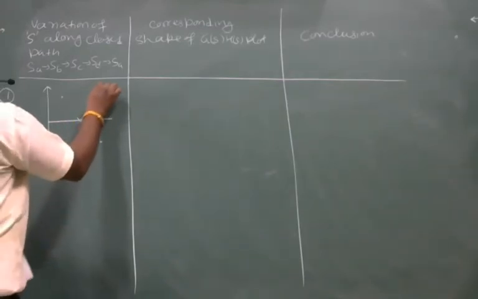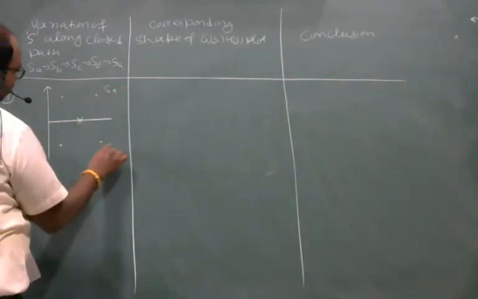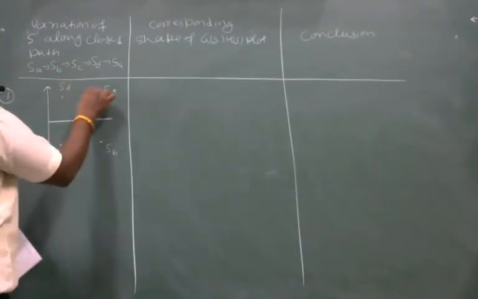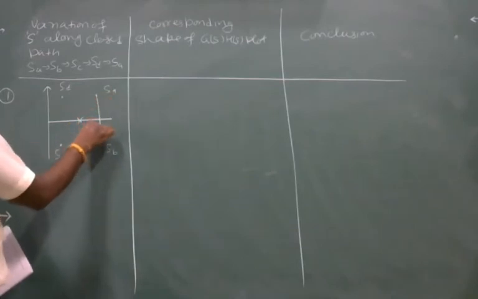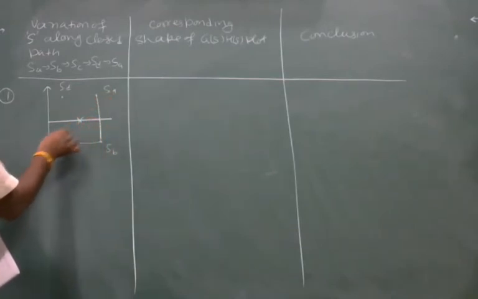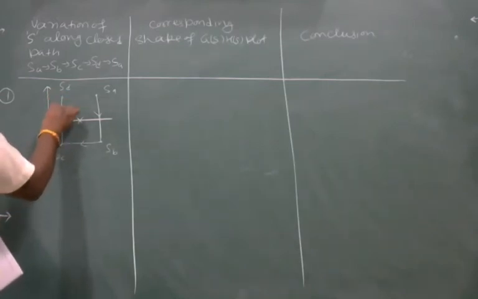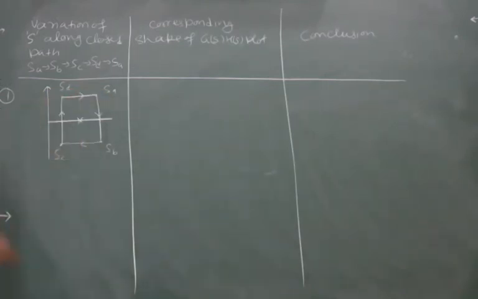This one is SA, this one is SB, this one is SC, and this one is SD, and S is traversing this path in clockwise direction. Here number of poles is equal to 1.